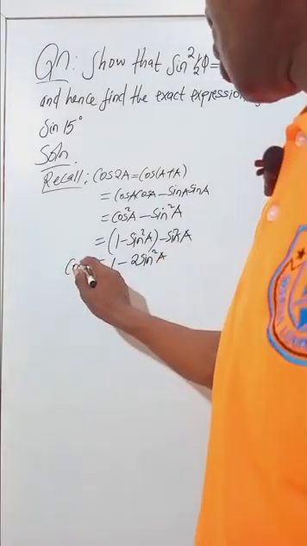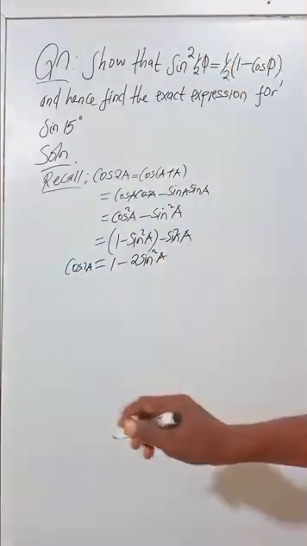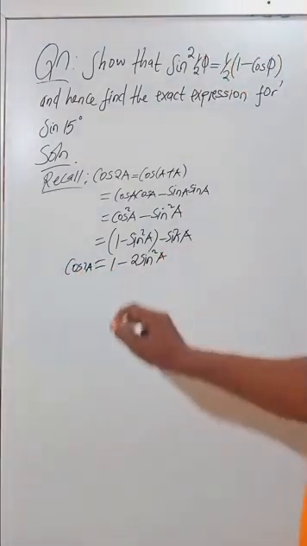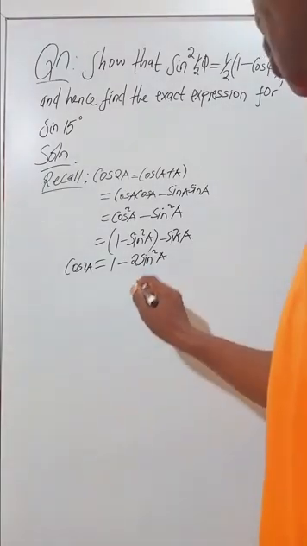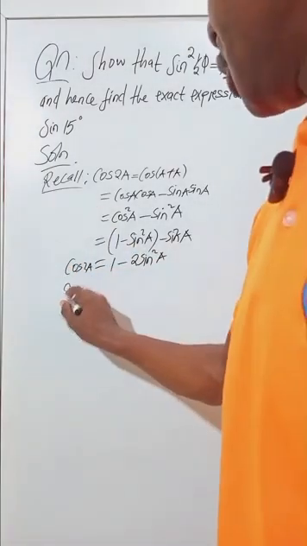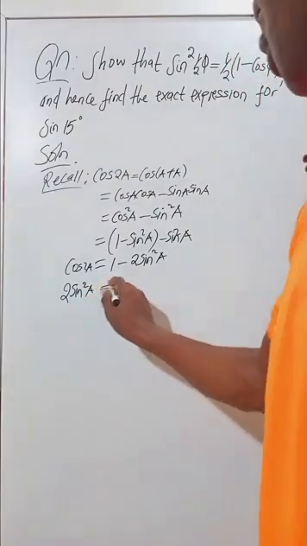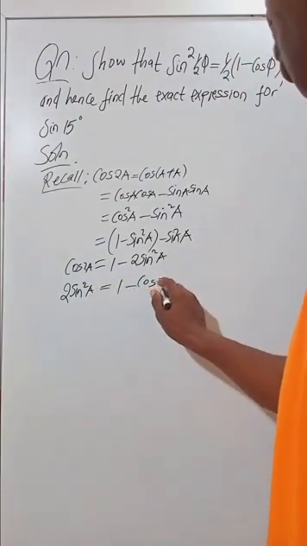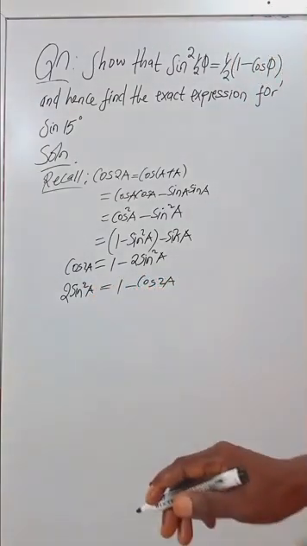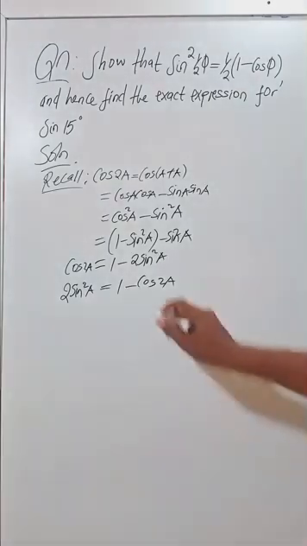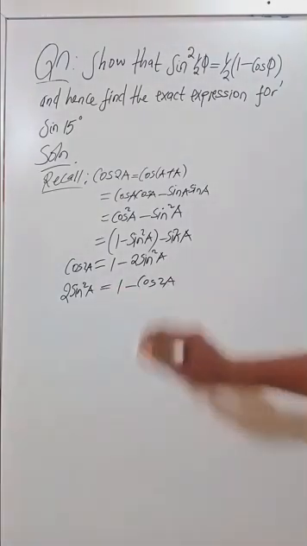Remember, this is cos 2a. Taking this to that side, we shall have 2 sine squared a is equal to 1 minus cos 2a. Here we have a, there we have 2a.